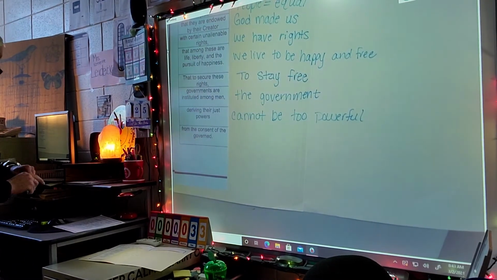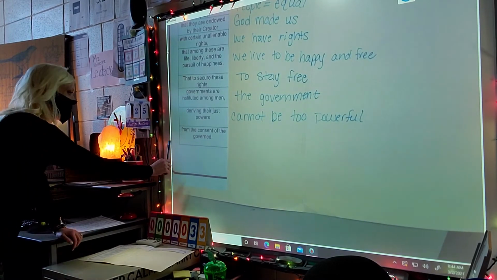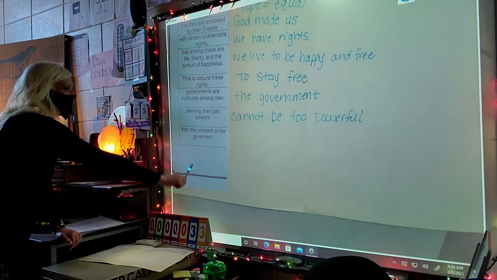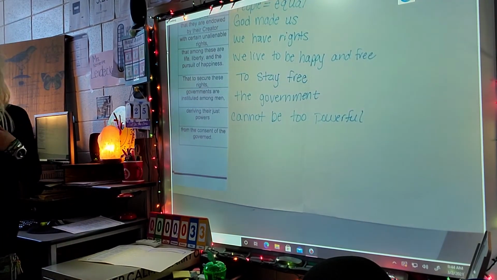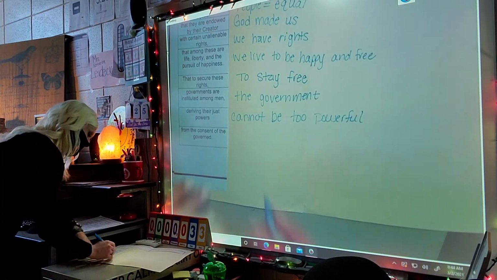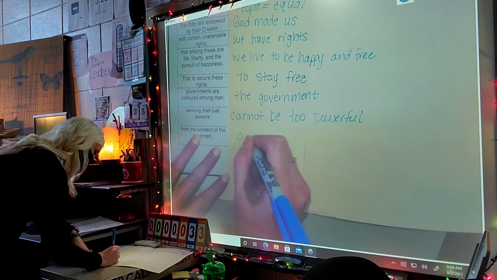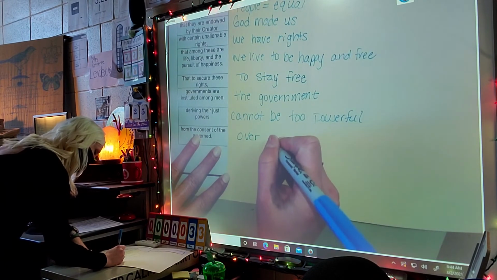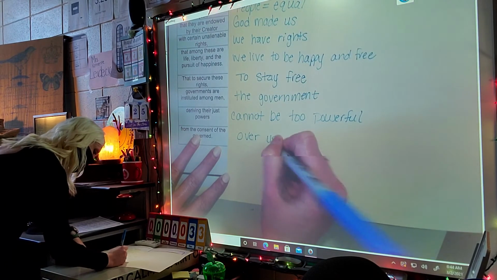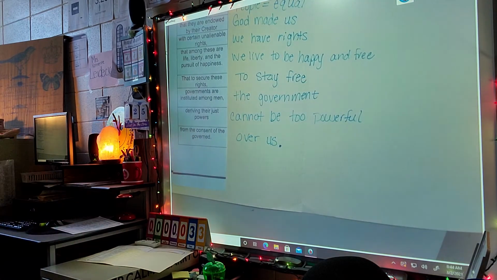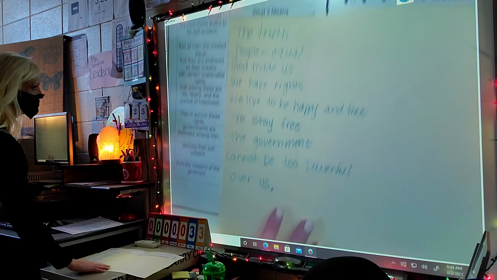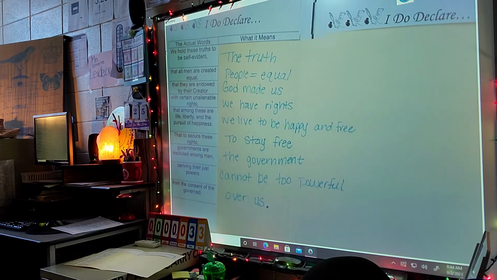So the government cannot be too powerful from the consent of the governed. We're the governed. So all we're going to put here is the government cannot be too powerful over us.